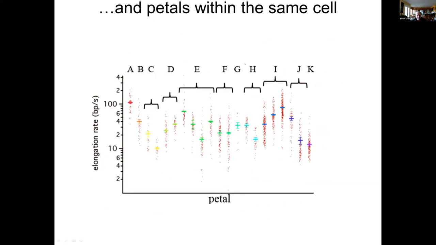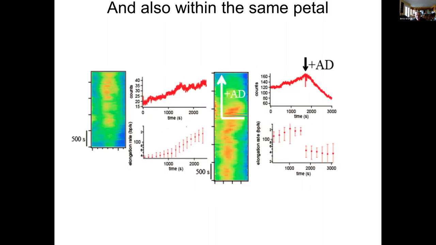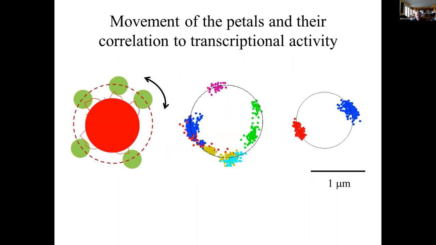And if you look at the petals one by one, you see that also the gene expression, which is the addition of MS2 to that particular molecule, is about the same. So that points out that in petals which are very close one to the other, and in sites which are all essentially the same position in the nucleus of the cell, the gene expression occurs at the same rate.